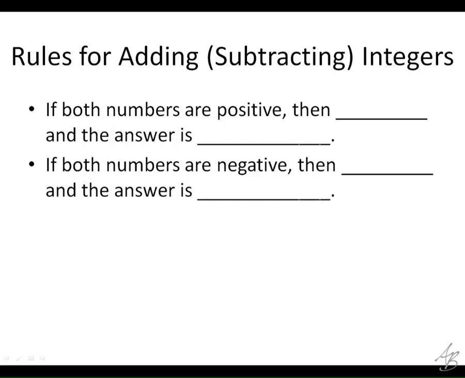When we're adding and subtracting, if both numbers are positive, are we going to add or subtract? We're going to add. All right, so if both numbers are positive, we're going to add. And the answer is going to be what? Is it positive or negative? Positive. If both numbers are positive, then the answer is going to be positive.